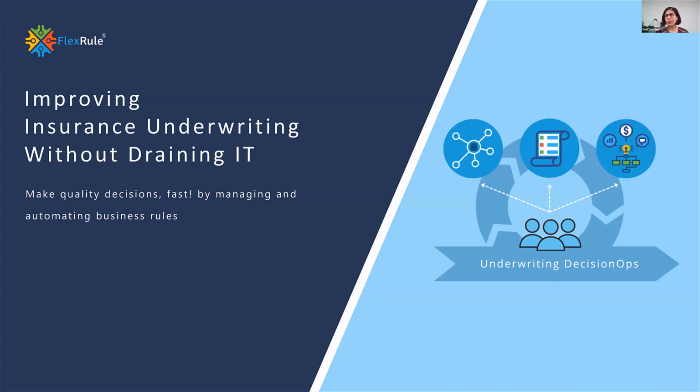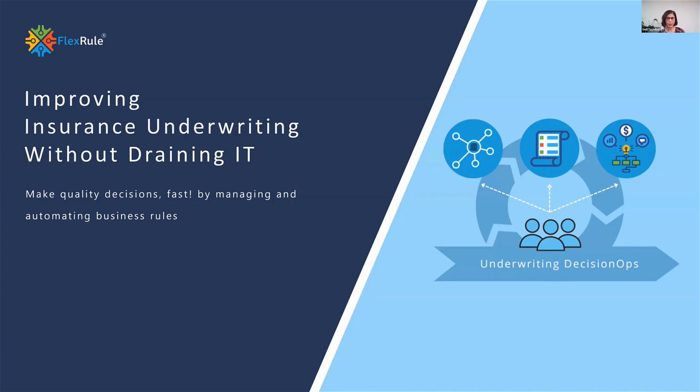I'd like to start with a brief couple of seconds to tell you who we are. We are FlexRule, headquartered in Melbourne, Australia. Our mission is to empower all leaders, business, operation, and IT to organize IT and the organization to improve the speed and quality of key business decisions in changing environments.